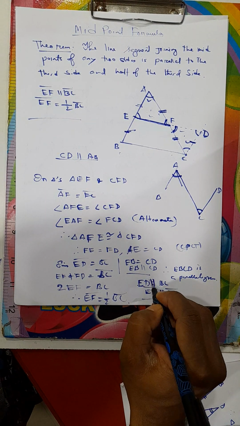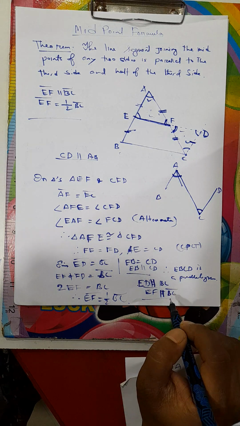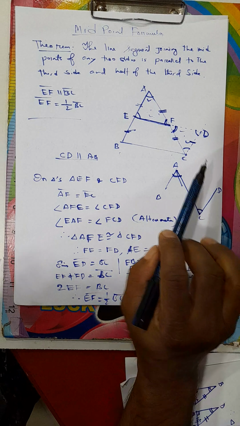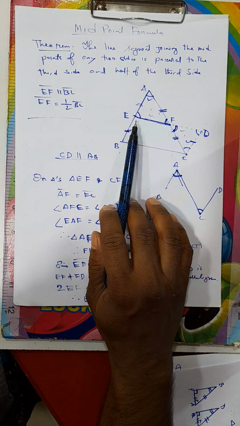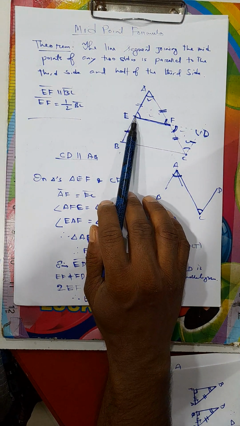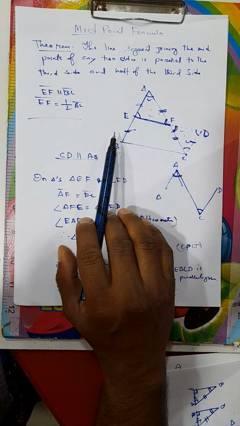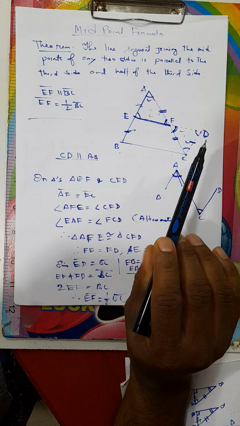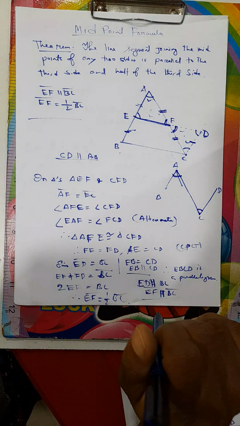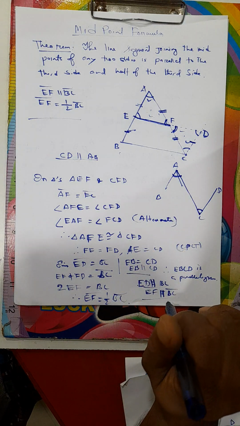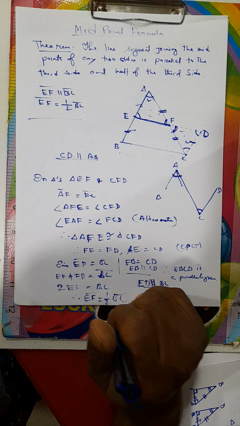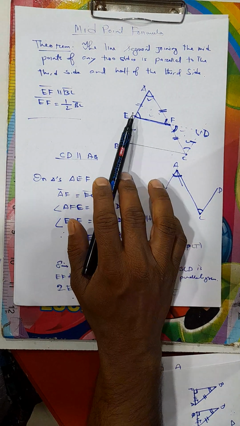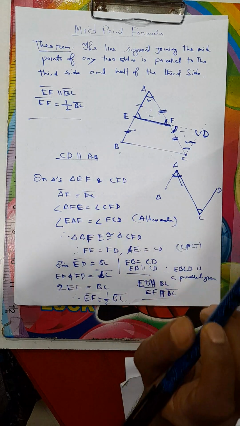So we conclude that the line segment joining any two midpoints of any two sides of a triangle is parallel to the third side and half of the third side in measurement. So we prove that EF is parallel to BC, whereas EF is also half of BC. So if BC is 10 centimeter, EF is 5 centimeter, right?